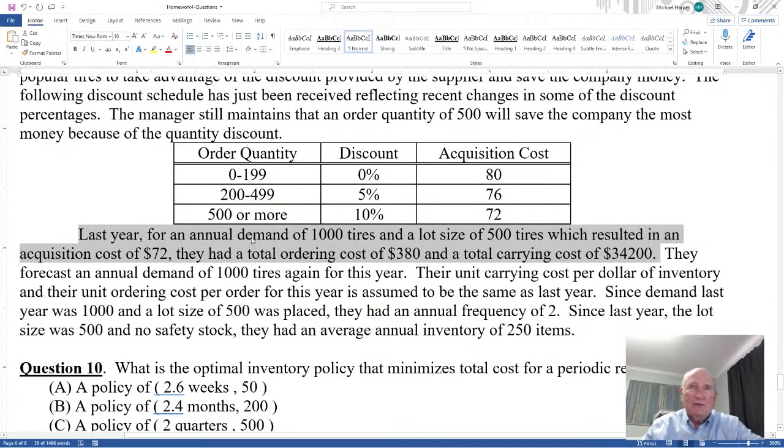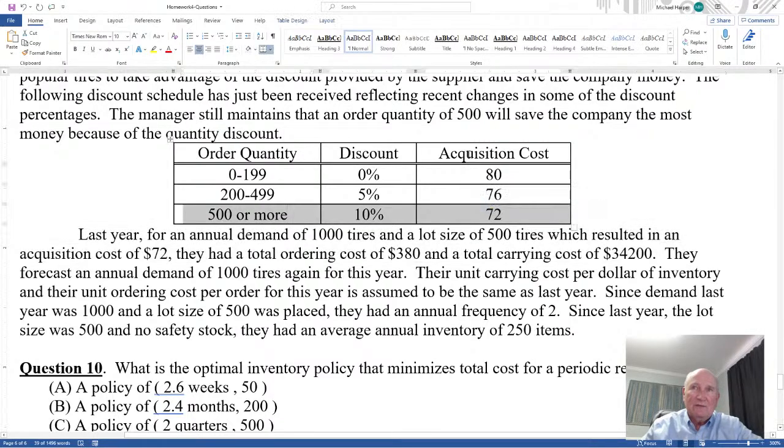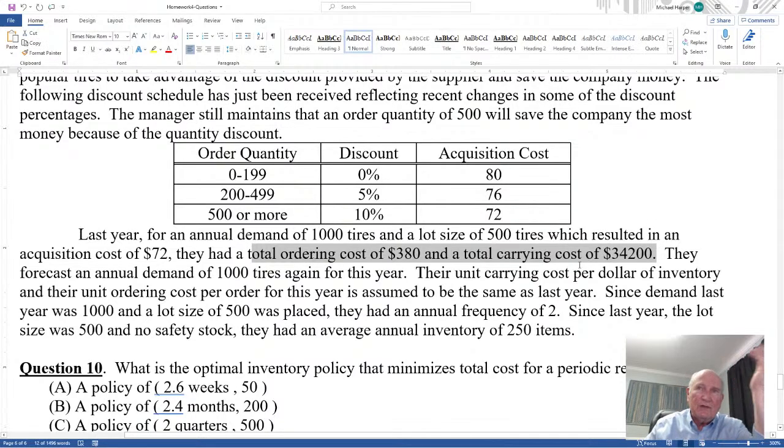The annual demand was 1,000, and he ordered 500 each time. So the acquisition cost was $72. We can see that right here. That's how much it cost to order, and that's how much it cost to carry.